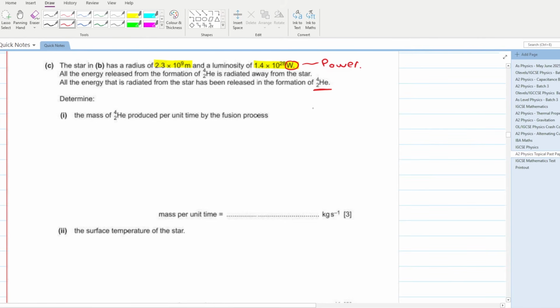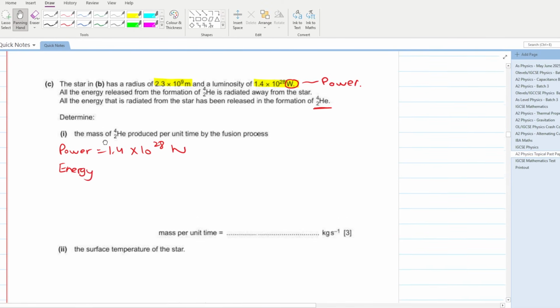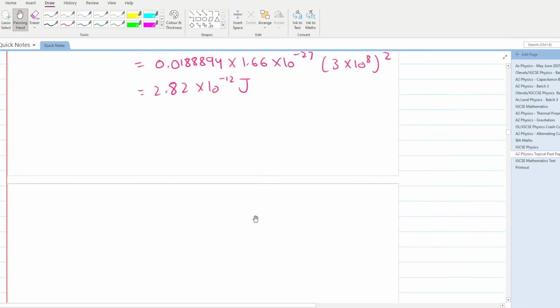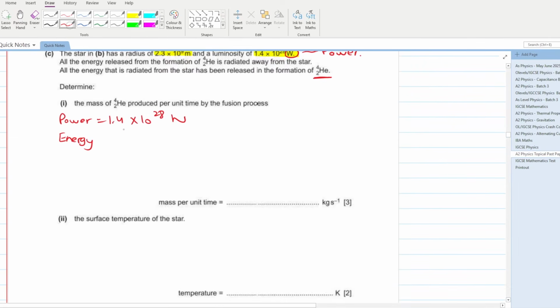So first of all, you have power, that is 1.4 times 10 raised to the power of 28. This was luminosity, but I have written it as power because both of them are interchangeable. And you have the energy as well, that is 2.82 times 10 raised to the power of minus 12 joules.